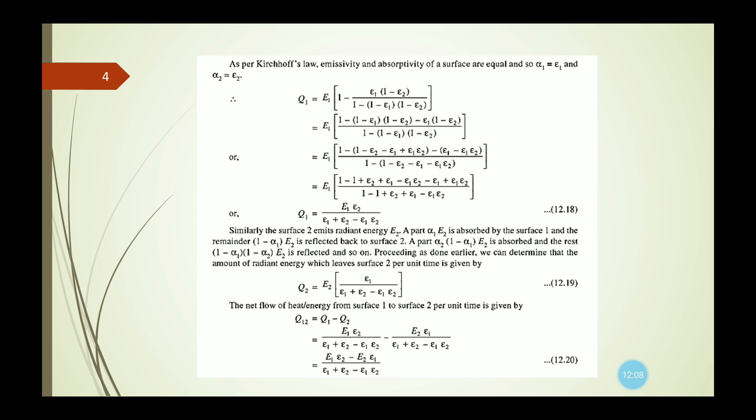So this is equation number 12.19, which is the amount of radiant energy that leaves the surface 2 per unit time.